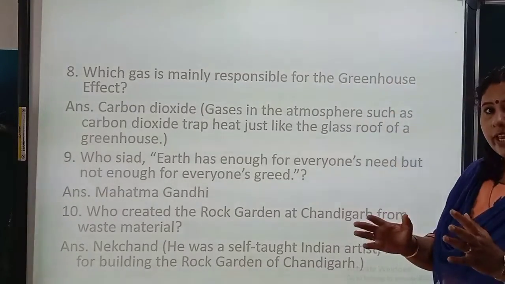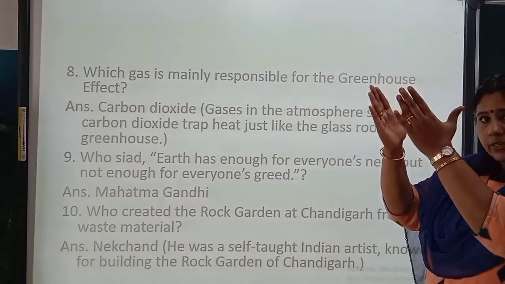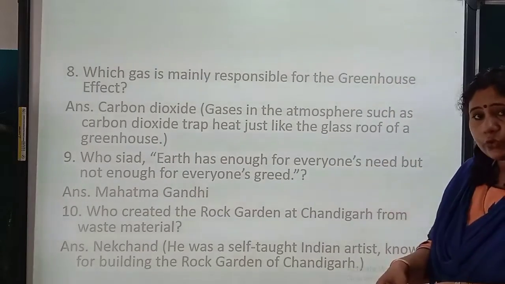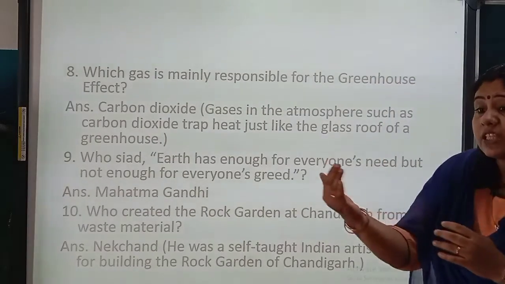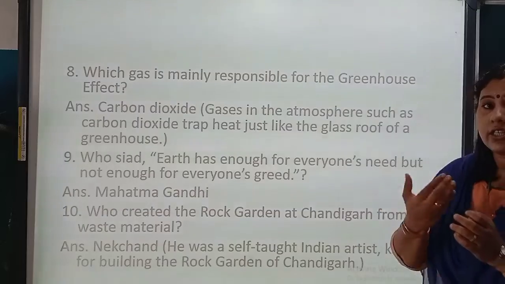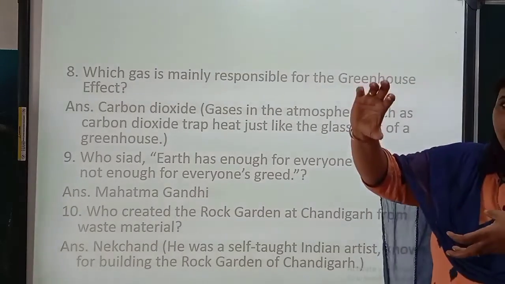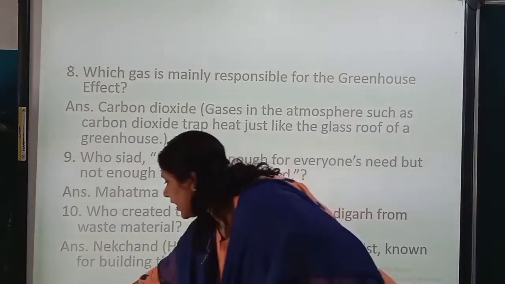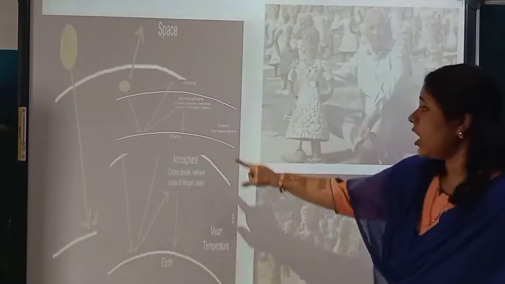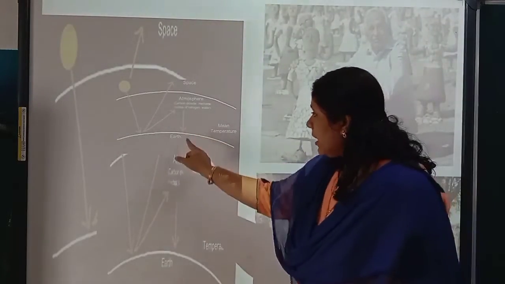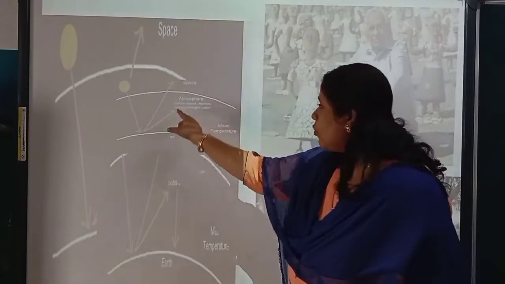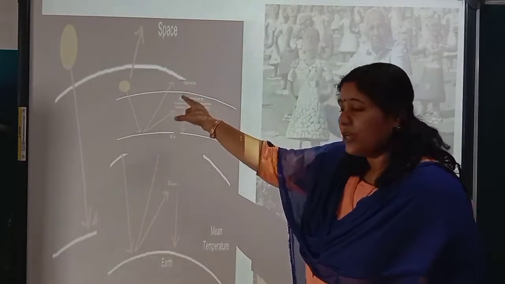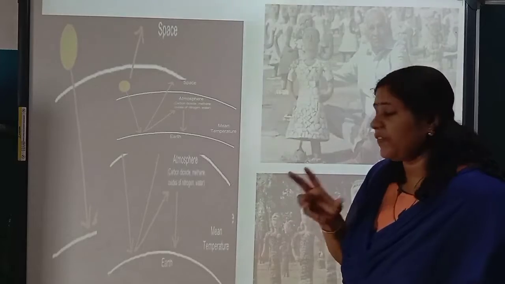In the same way, the sunlight we get from the sun reaches the earth, then it mixes with the other atmosphere on the earth and then it bounces back. So that is called greenhouse effect. Here you can see greenhouse effect. See how it's coming and then bouncing back, going back to the space.